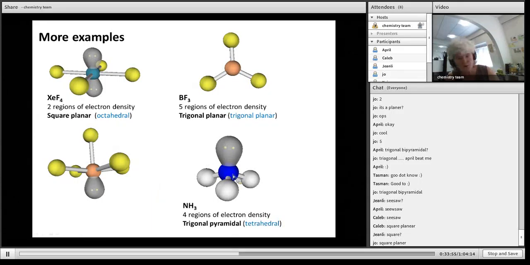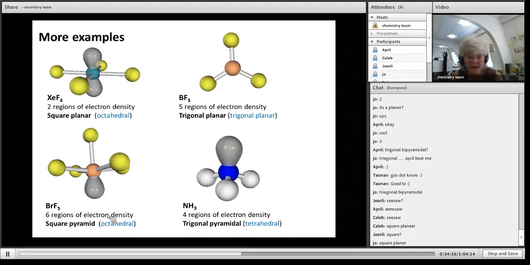So this one's the square pyramid and not square planar. So I've put these here because it can be confusing. The words square planar, square pyramid, trigonal planar, trigonal pyramidal. So just make sure you don't confuse those very similar sounding names. Any questions?